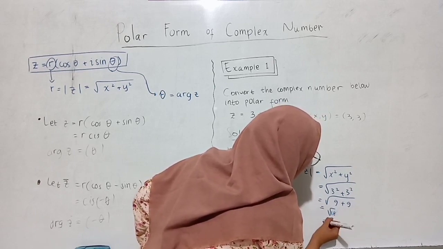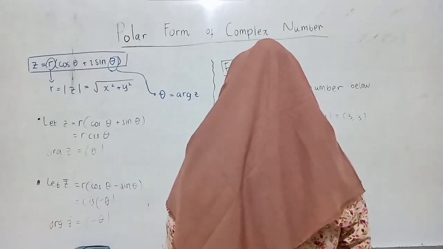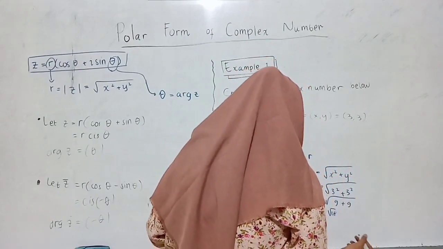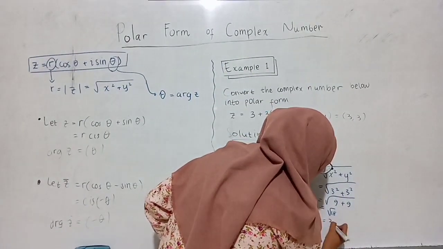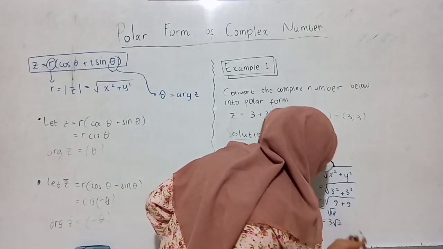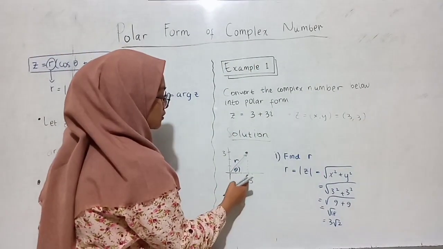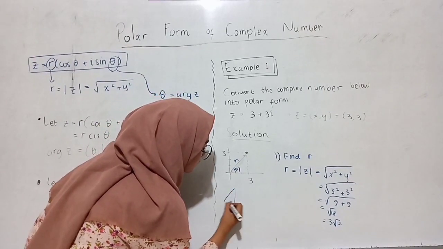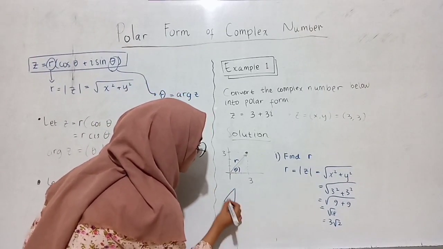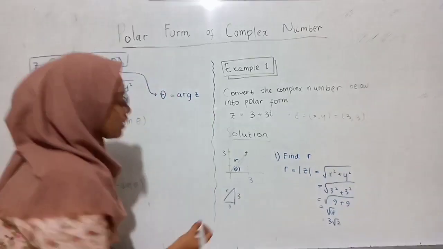Or we can write it as 3 square root of 2. And look at this triangle: this side is 3, this side is 3, this is r, and this is theta.